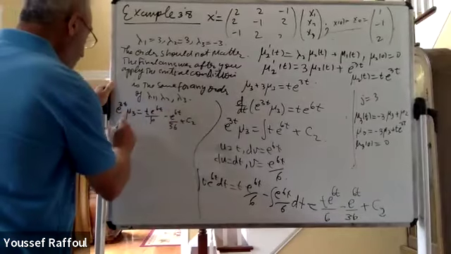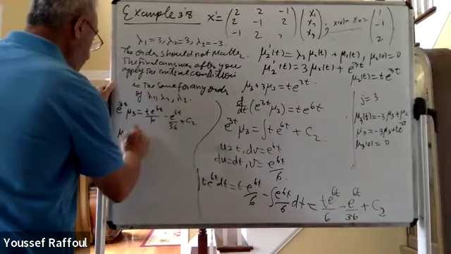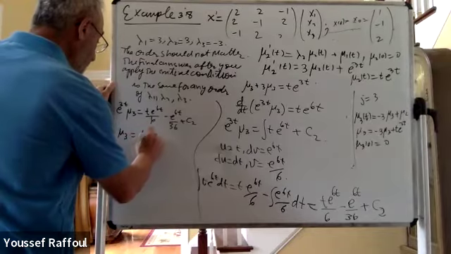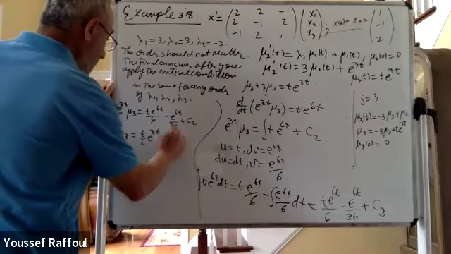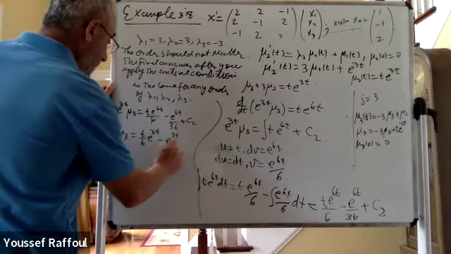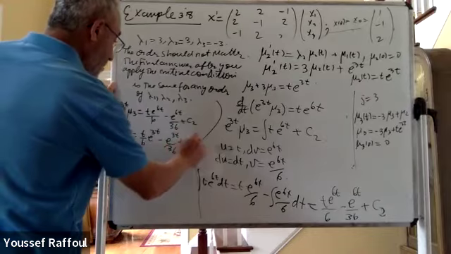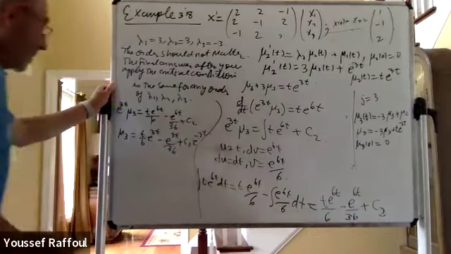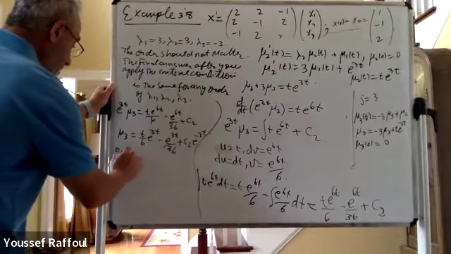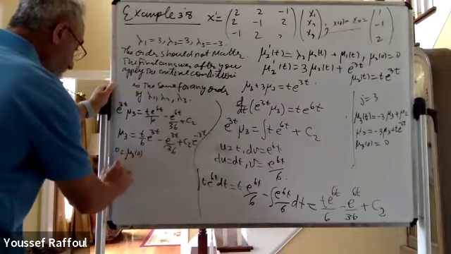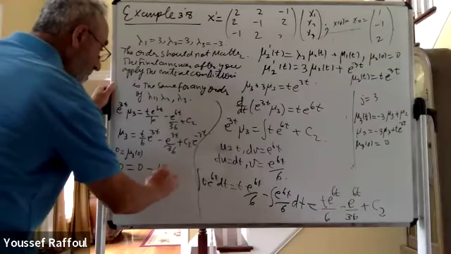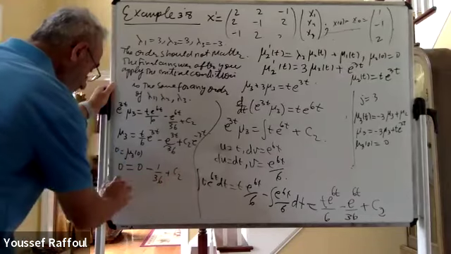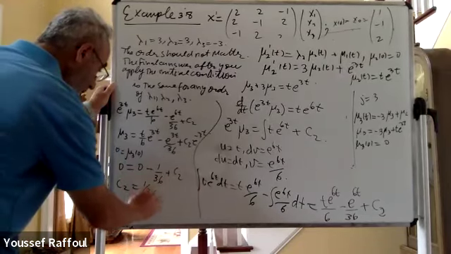Multiply by e to the minus 3t: mu 3 equal t over 6 e to the 3t minus e to the 3t over 36 plus c2 e to the minus 3t. Now apply mu 3 of 0 equals 0. We get 0 equal to 0 minus 1 over 36 plus c2. So c2 is 1 over 36. Okay?